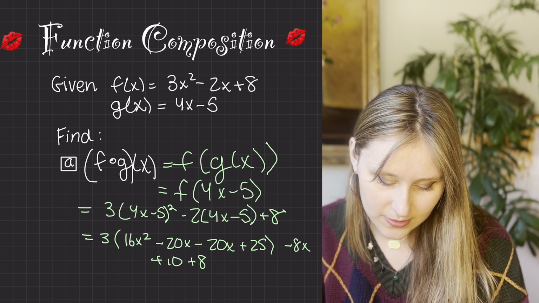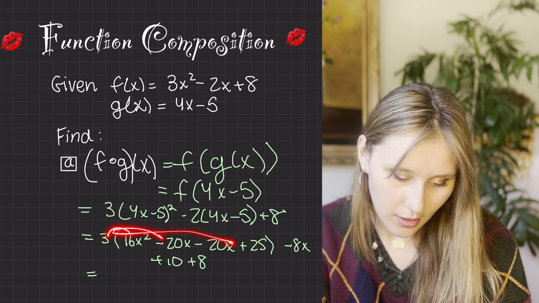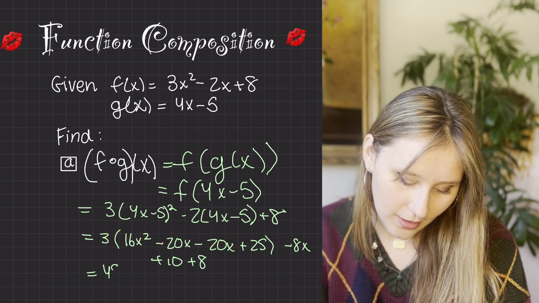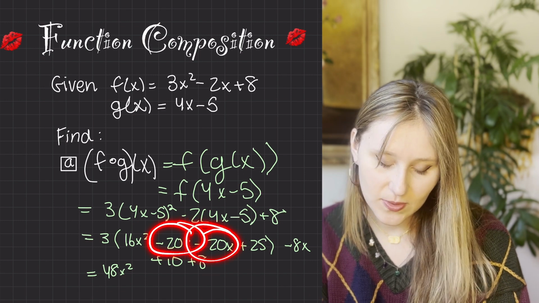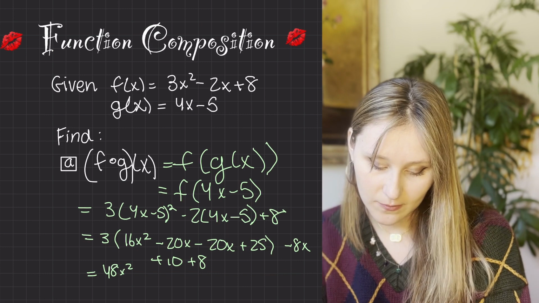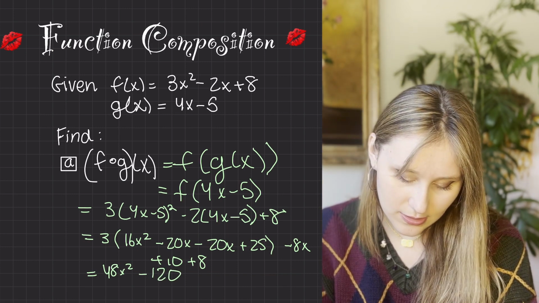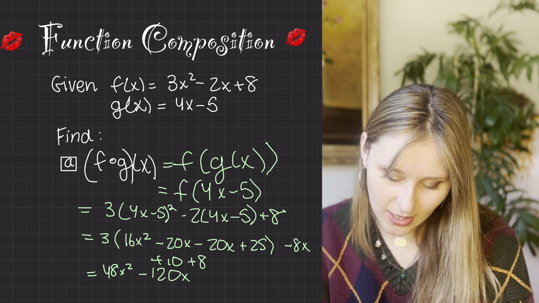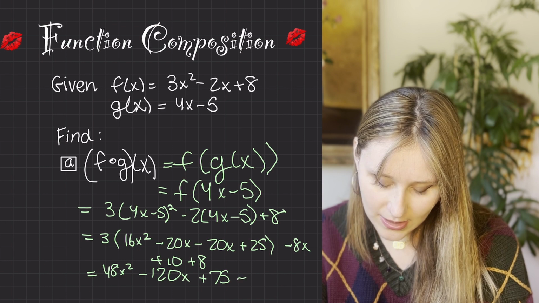Okay, so then we have to distribute this 3. So we got 48x squared. We're combining minus 20x and minus 20x, and that's going to be minus 40x. Then we're multiplying that by 3, and so we get minus 120x. And then we do 3 times 25, which is going to be plus 75, minus 8x.